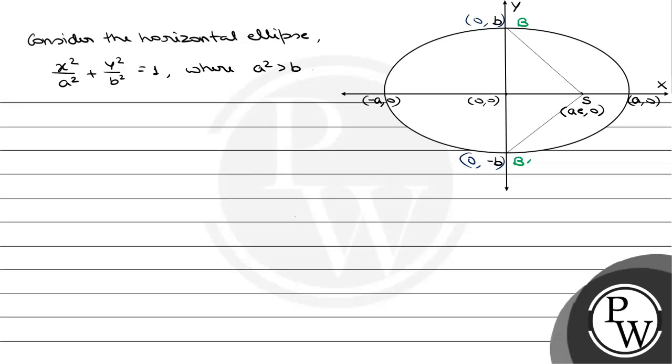Now if we look into this ellipse in the figure, here triangle S B B dash is given.